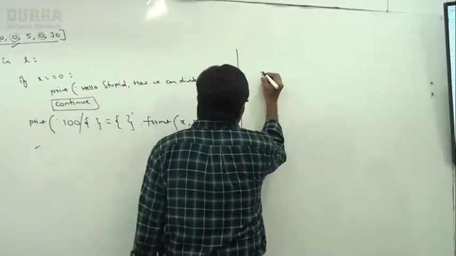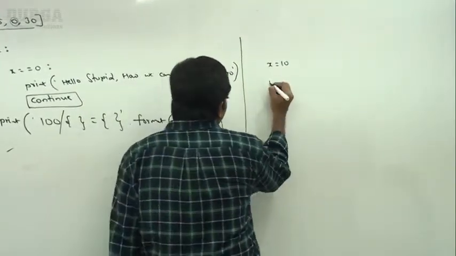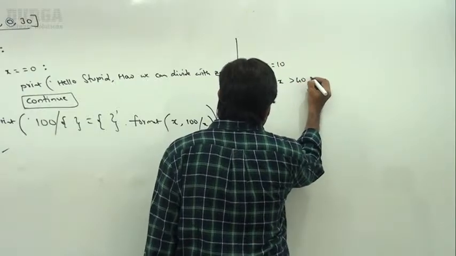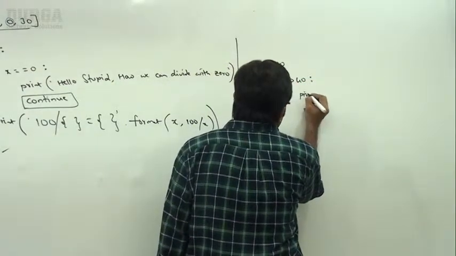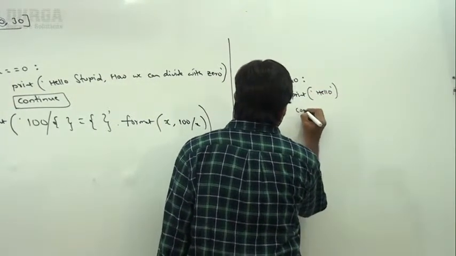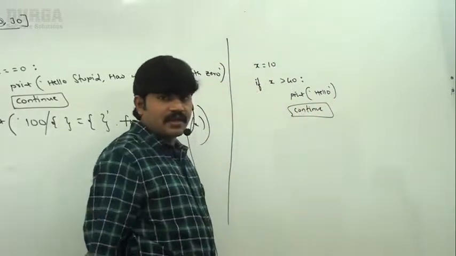Sir, I am taking x is equal to 10. If x is greater than 40, print hello, and then continue.